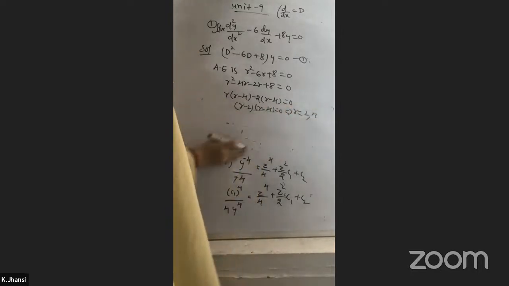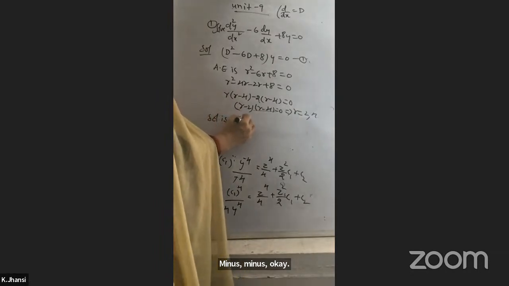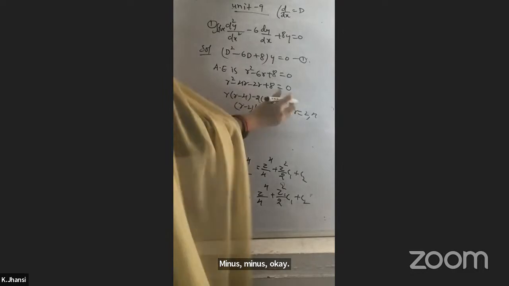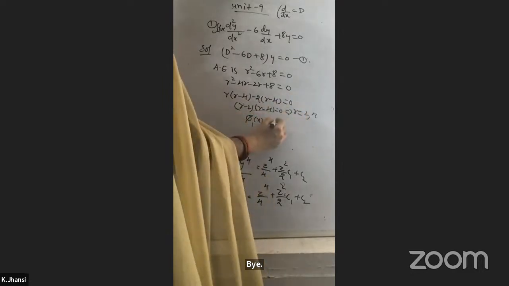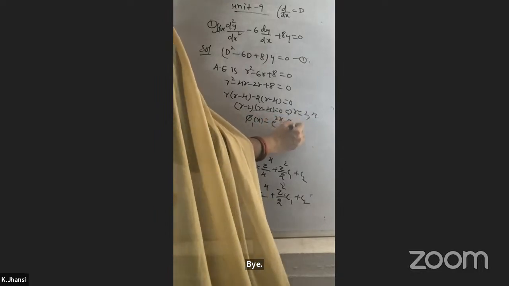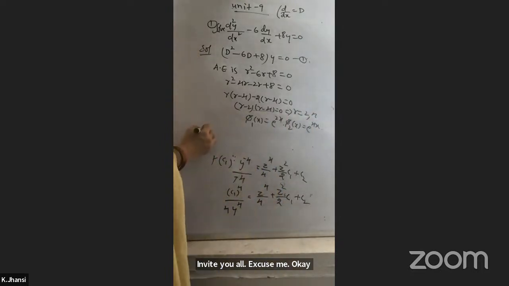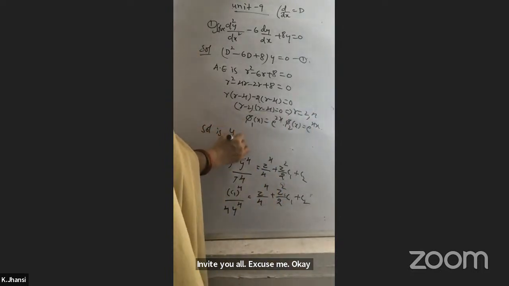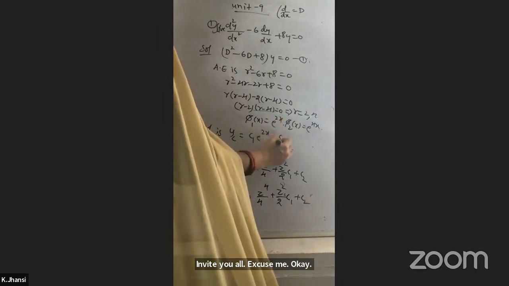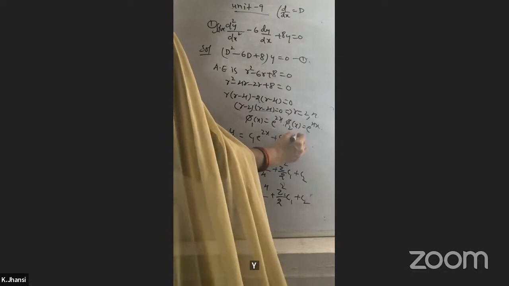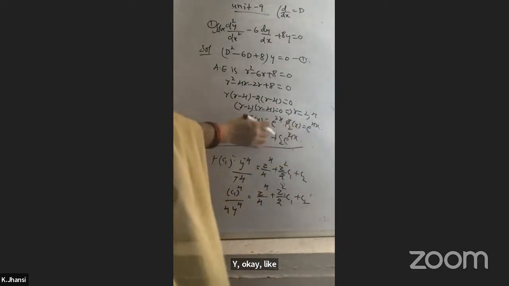So the solution is y equals to, the first independent solution is phi 1 of x equals e to the power of 2x and phi 2 of x is e to the power of 4x. So the solution is yc equals c1 into e to the power of 2x plus c2 into e to the power of 4x.